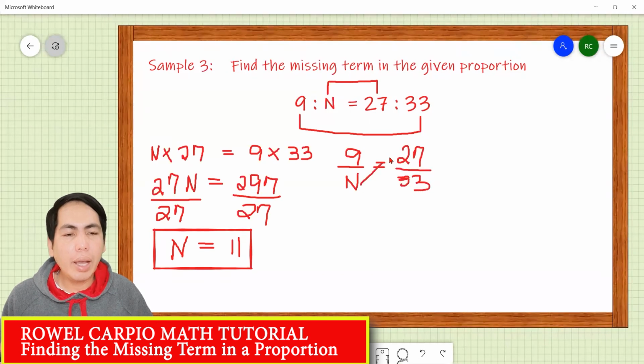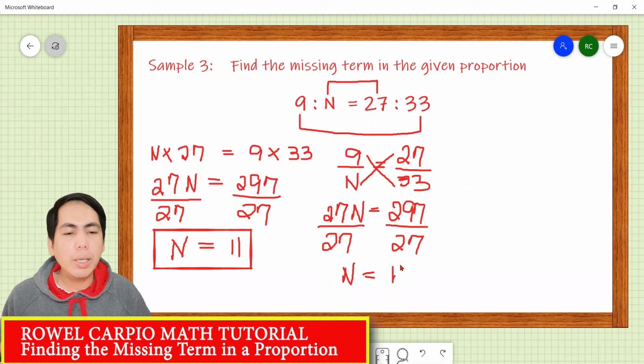So n times 27, so 27n equals 33 times 9, which gives us 297. To find the value of n, we have to divide both sides by 27. So n is equal to 11.